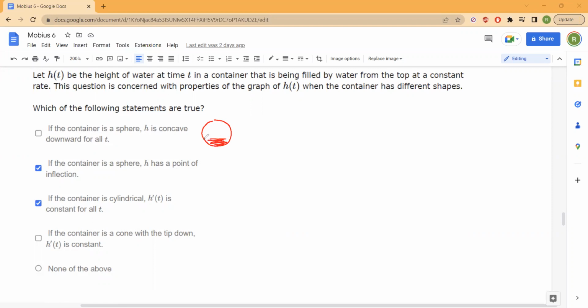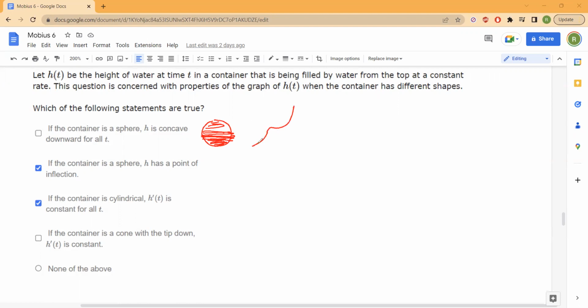Then in the middle, it would start to slow down because each layer that you need to fill up is larger. And then it would start filling up faster again. So if it starts at 0, it would speed up, and then it would slow down, and then it would speed up again.